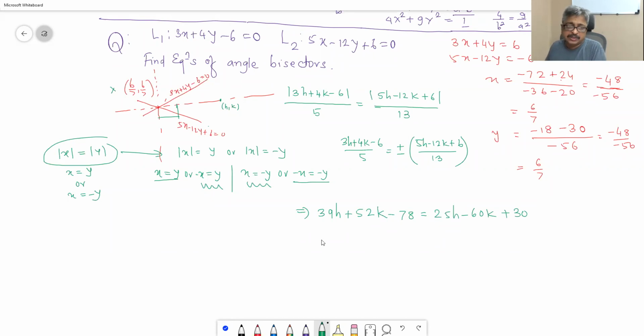This is one equation, or another equation, LHS will be same, 39h + 52k − 78 is equal to minus 25h + 60k − 30, right? So let us solve one by one. 39 minus 25 is 14h, 52 plus 60 is 112k, minus 78 minus 30.